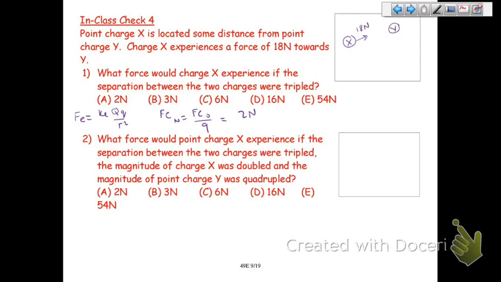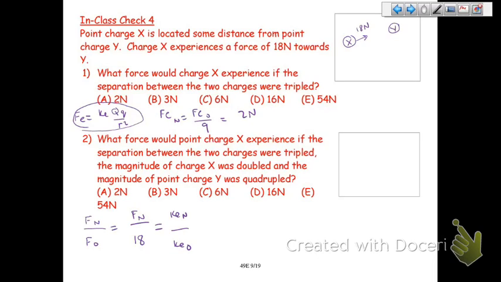Remembering that, we say F new over F old, it's asking me for a new value, is equal to F new over, it used to be 18, and then this is going to equal Ke new over Ke old.